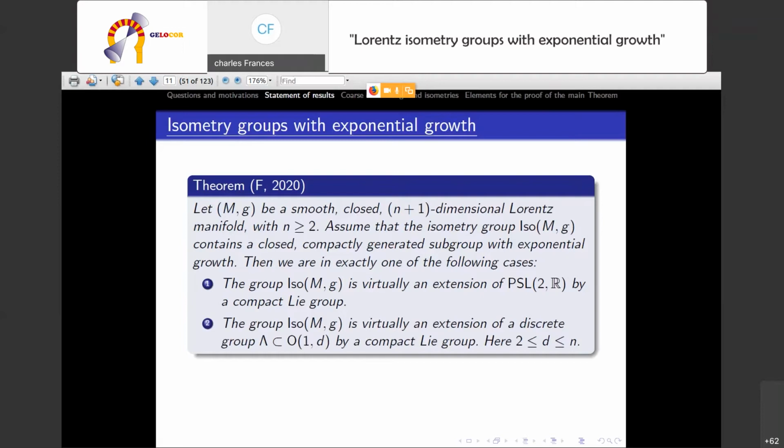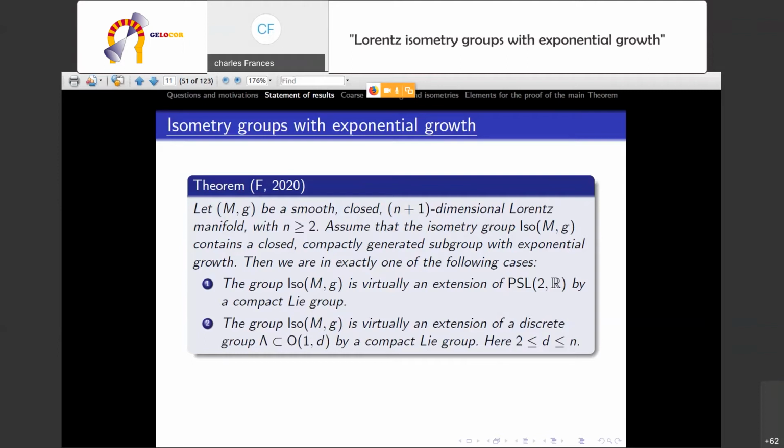Okay, so it's not difficult to check that in the first case, the isometry group actually has finitely many connected components, and the identity component is up to finite cover PSL2R cross a compact Lie group.